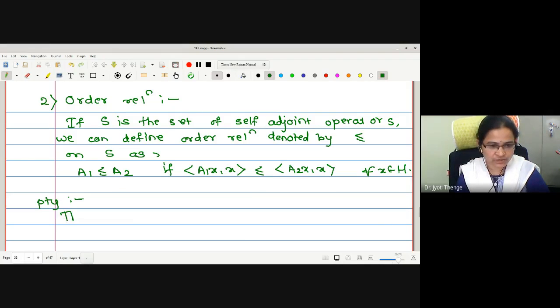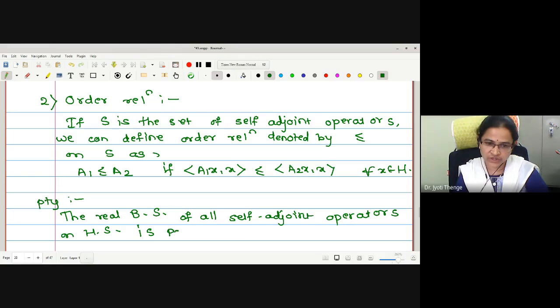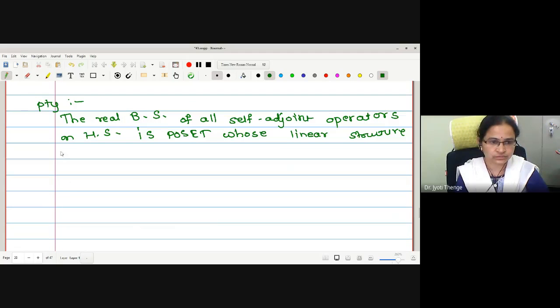The real Banach space of all self-adjoint operators on Hilbert space is a poset, a partially ordered set, whose linear structure and order are related by the following properties.